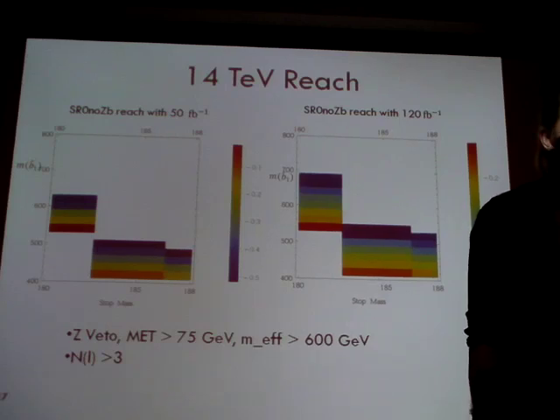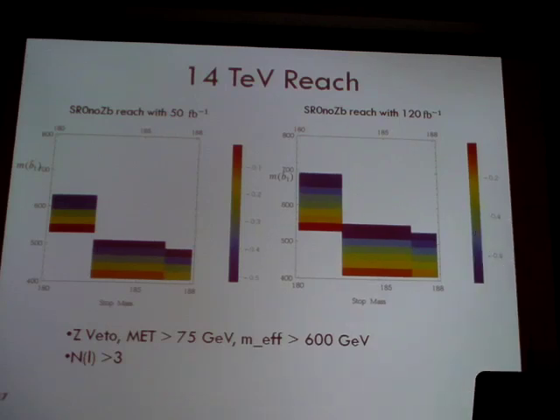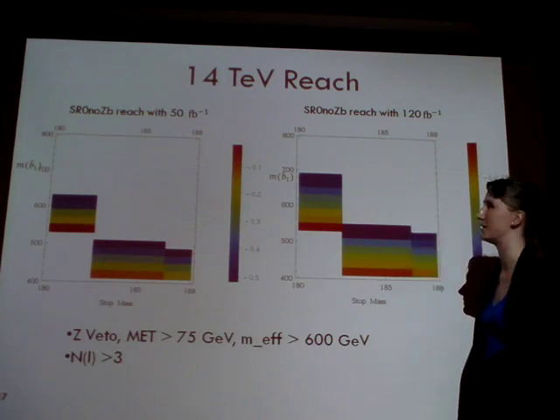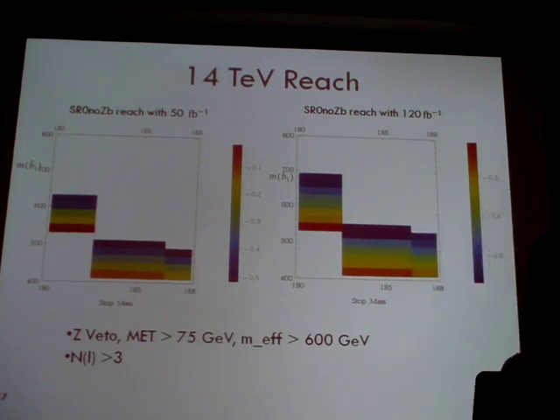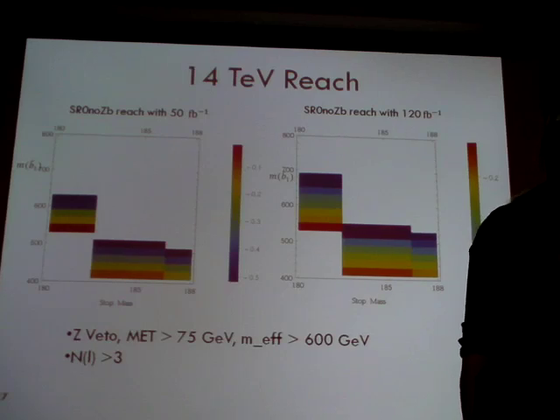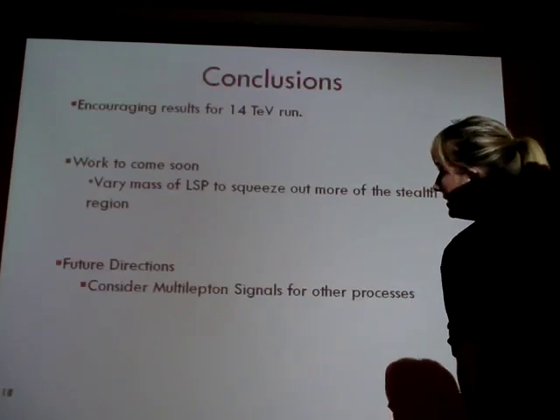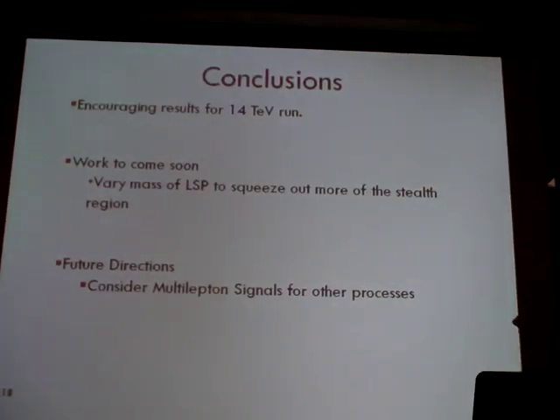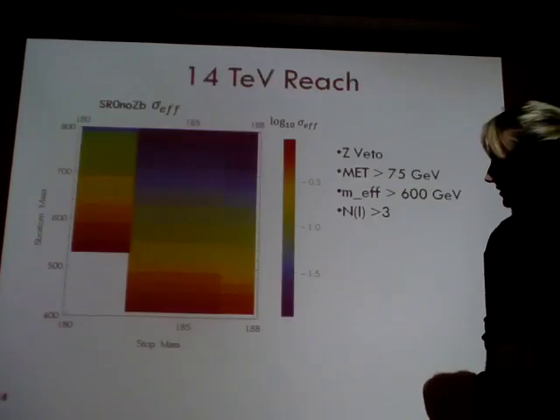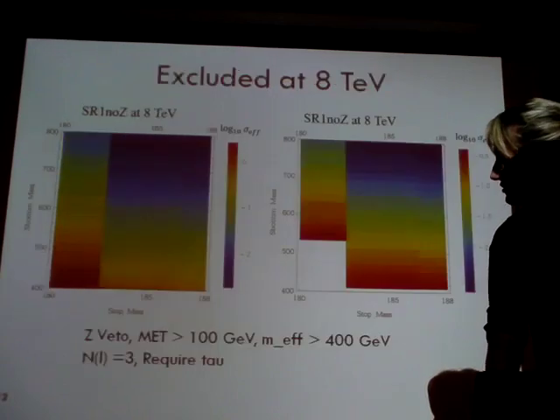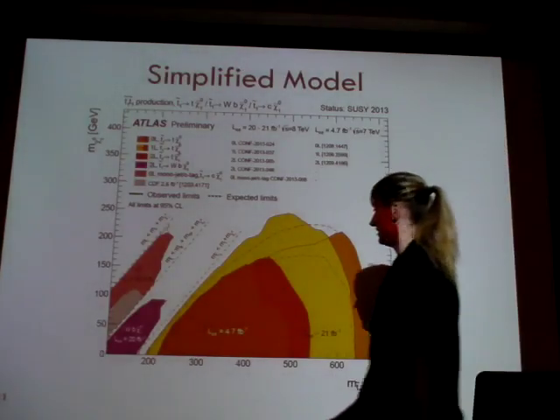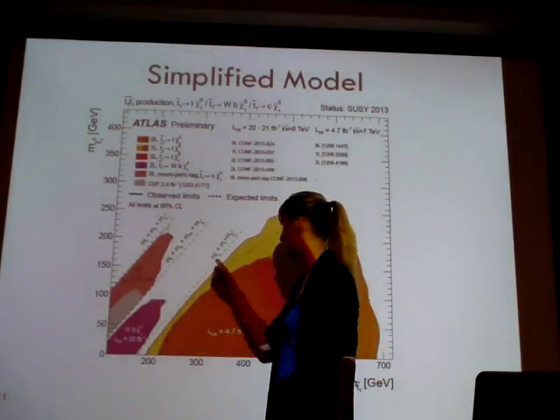Maybe we want those sbottoms to be lighter anyway. And this is encouraging, work to come soon. A little bit more parameter space you could try to squeeze out would be varying the neutralino mass and getting up in here.